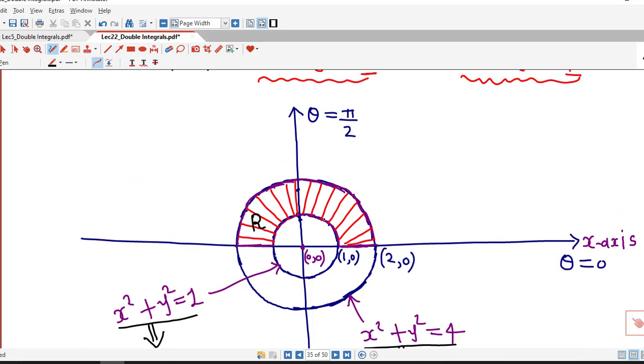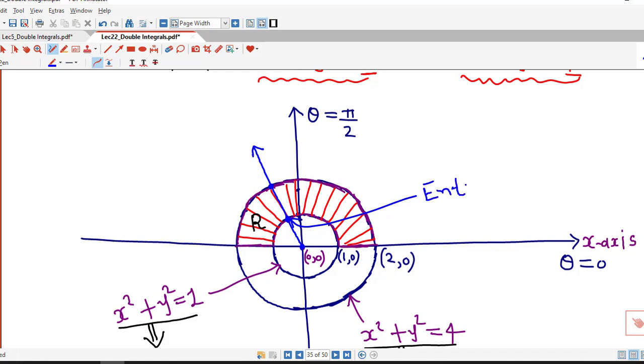So now we try to find the limits of integration. To decide the limits of integration, we consider a ray starting from the origin and passing through the region of integration. We can consider the ray in any part of the region. Suppose we consider it in this part. So the ray enters the region at this point and leaves the region at this point. We are interested in the value of r at this point, and this point is on the circle x square plus y square equal to 1.